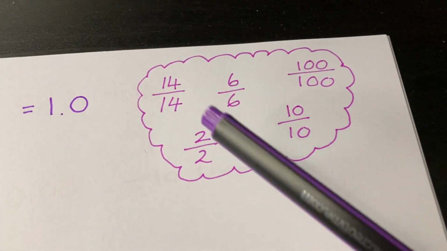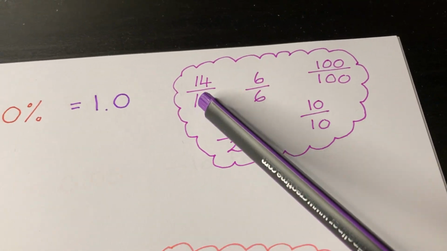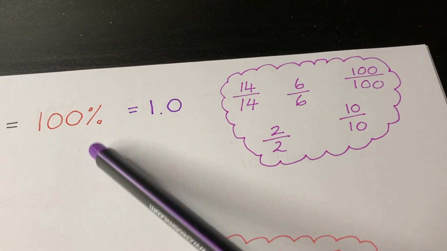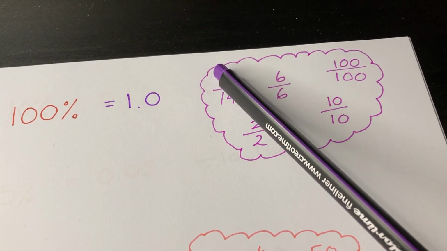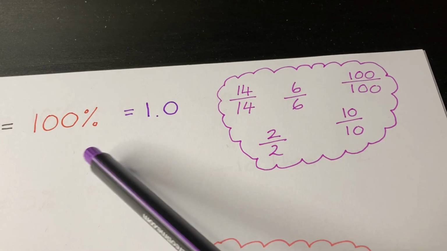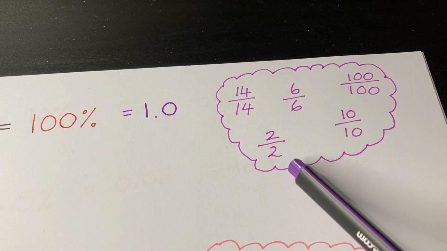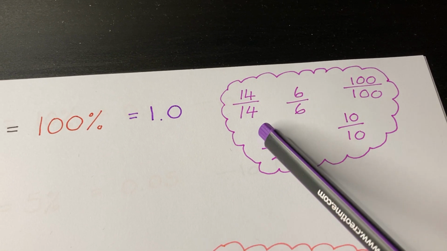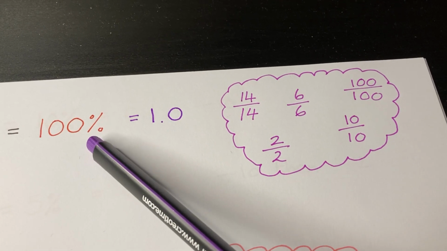And in here I have written some fractions which are also equivalent to 100%. So for instance, if in a test you score 14 out of 14, you have scored 100%. If you have scored 2 out of 2, you have also scored 100%.